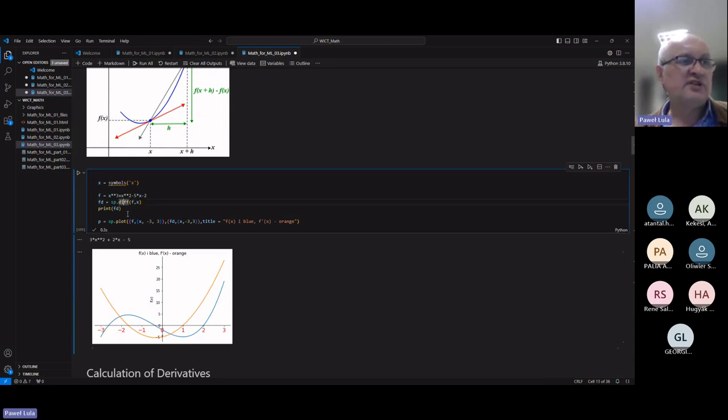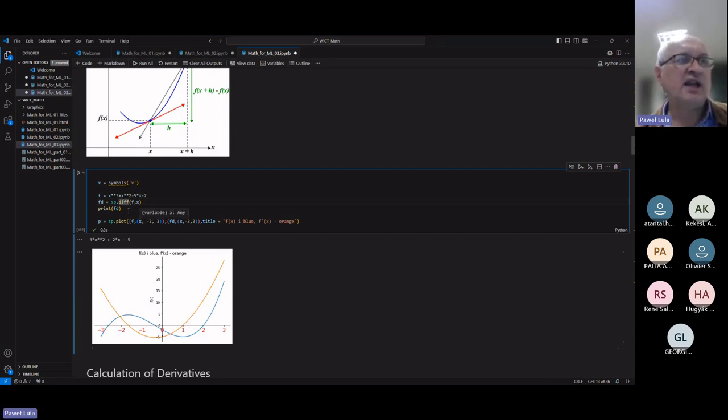If I want to do it, I can use the function diff. This function diff we can use for finding a function describing derivatives.